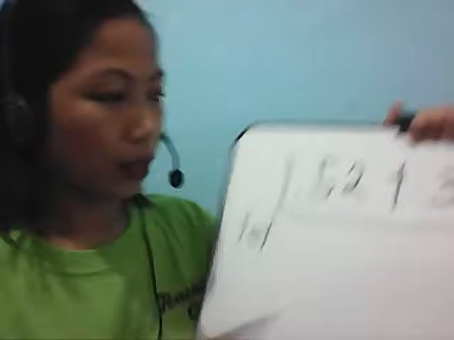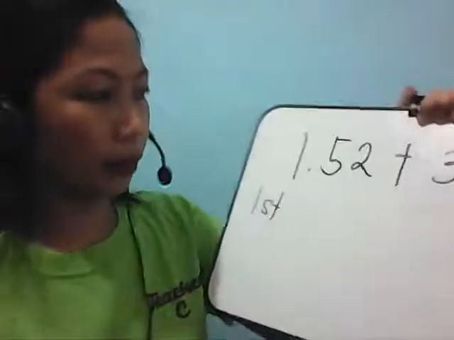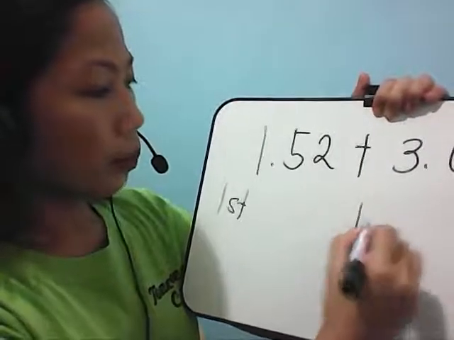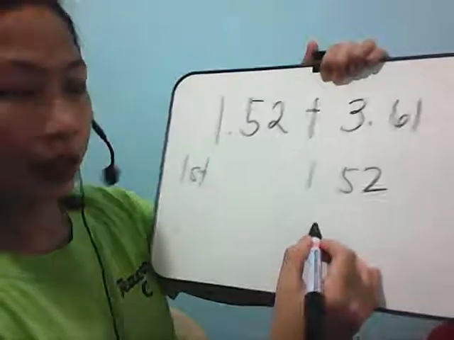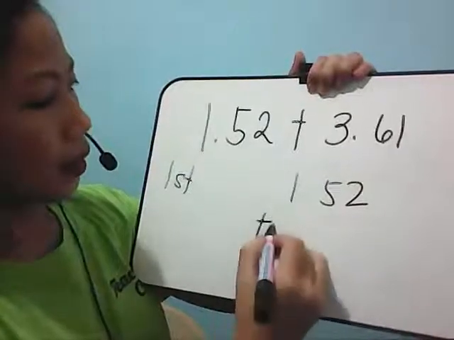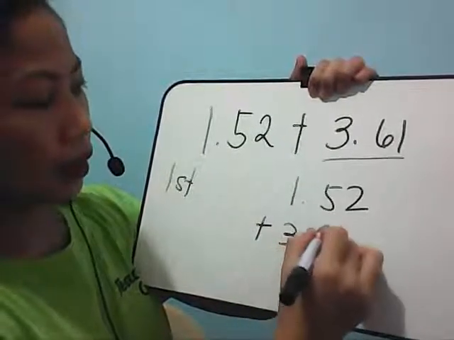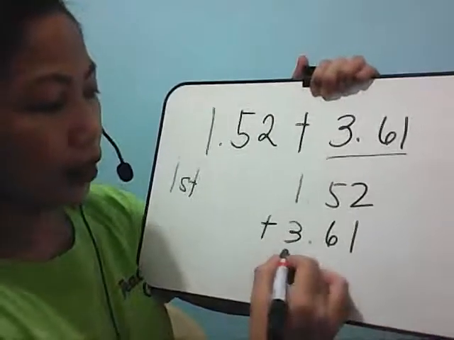How are we going to do that? So 1.52 plus 3.61. Okay, now let's add.